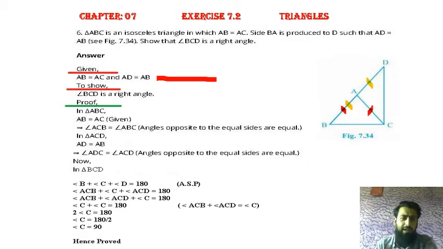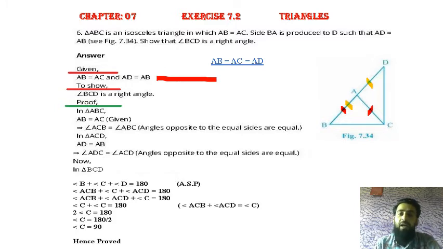As AB is equal to both AC as well as AD, this implies AB equals AC equals AD. That means all these three sides are equal to each other. Keep this in your mind.